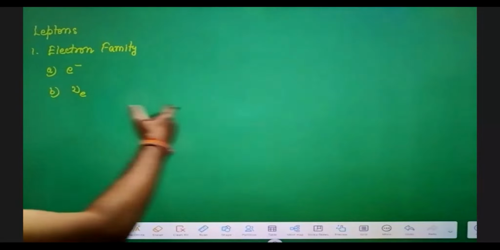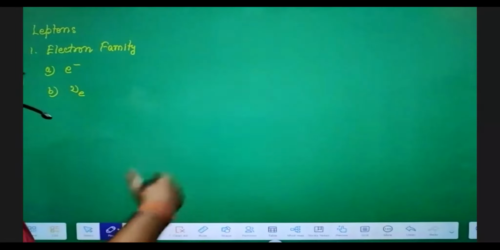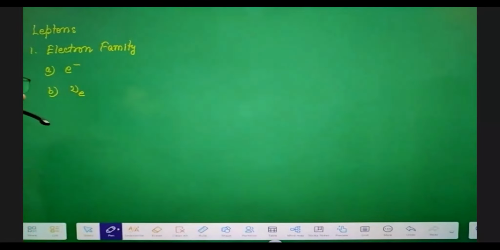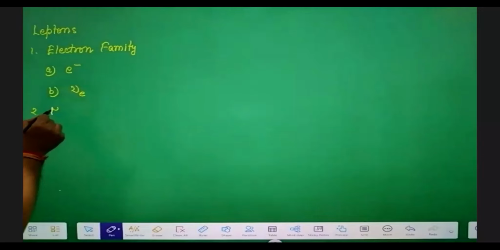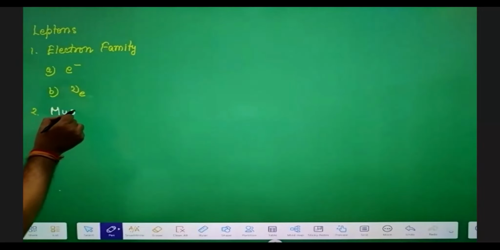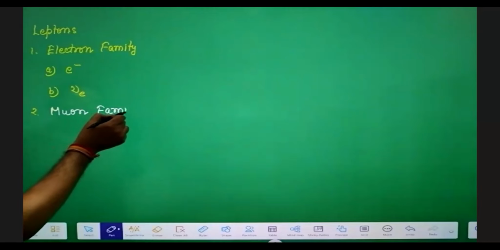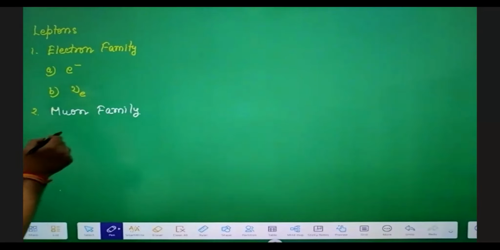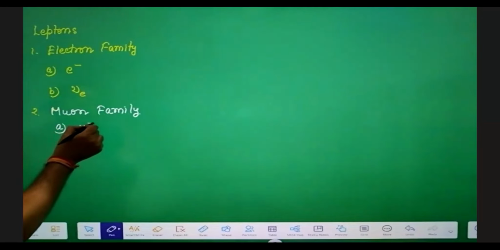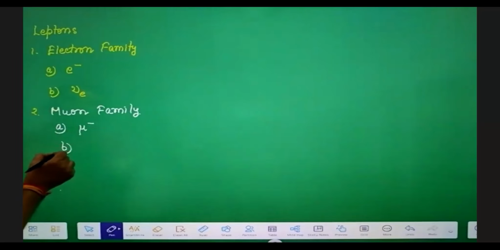I have to make a table here. I will give you full information here about these leptons. You don't need anything more than that for leptons. Everything will be here. Number two, muon family. Muon family is mu minus and mu neutrino.